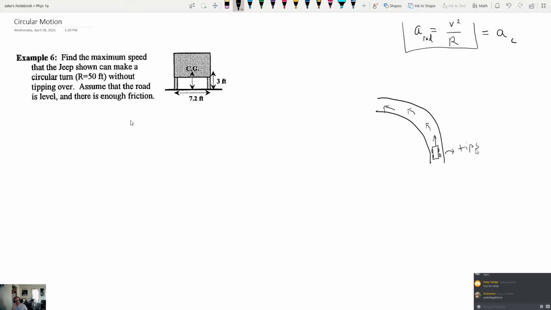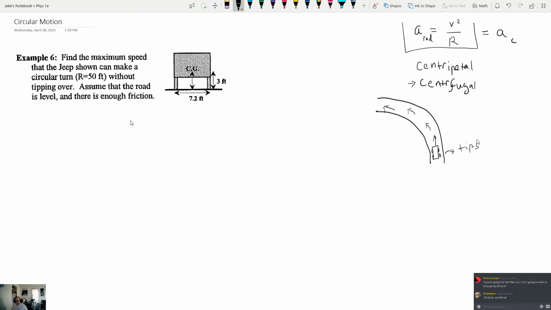Well, there's two words and they mean different things. There's centripetal and centrifugal. And I try not to use the second one ever because I don't really understand what it means. Centripetal is just the acceleration or the direction pointing toward the center.